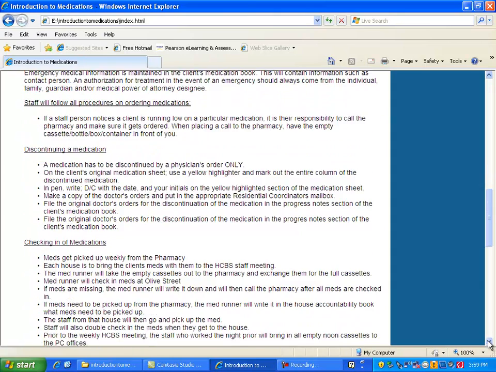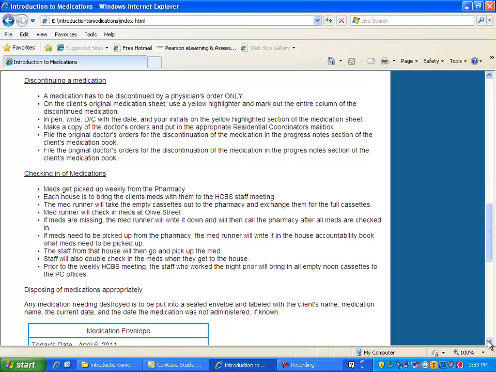Discontinuing a medication. A medication has to be discontinued by only a physician's order. On the client's original medication sheet, you need to use a yellow highlighter and mark out the entire column of the discontinued medication. In pen, write DC or D/C with the date and your initials on the yellow highlighted section of the medication sheet.